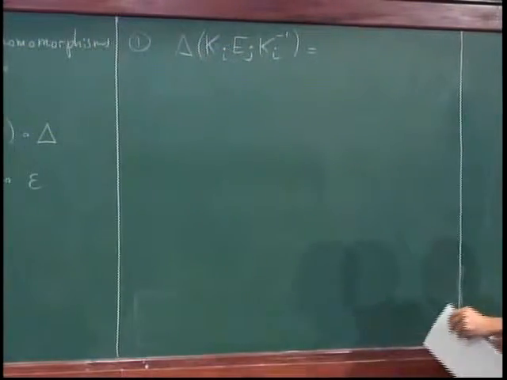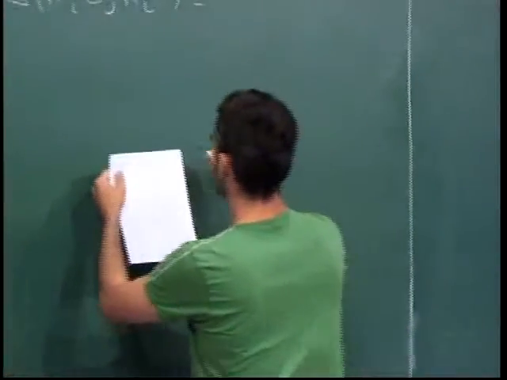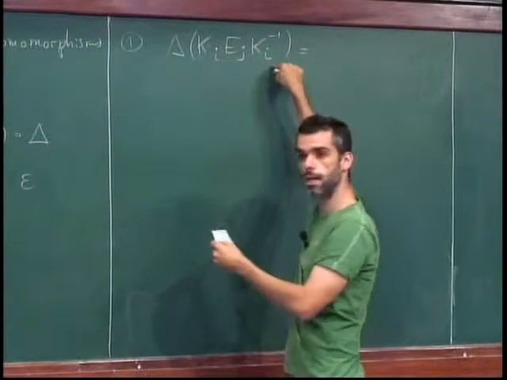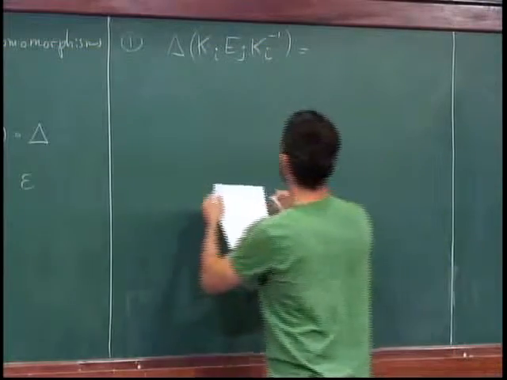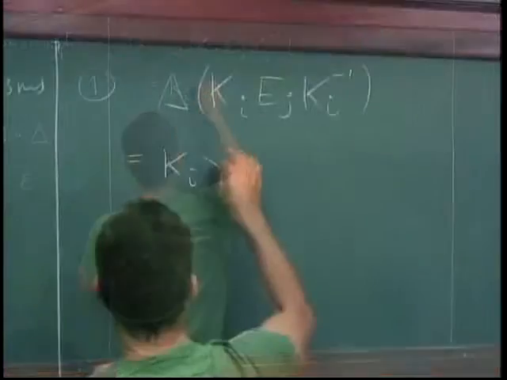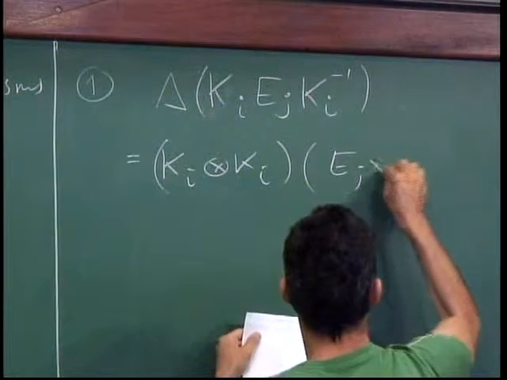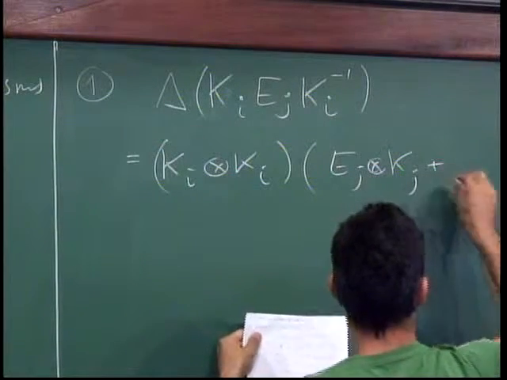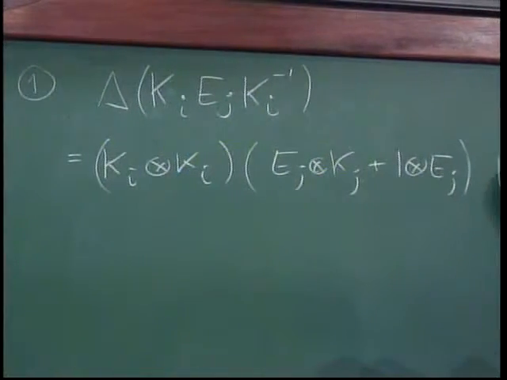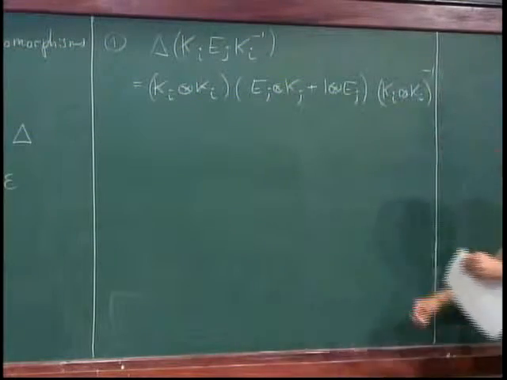Delta is by definition an algebra homomorphism, and therefore that is the same as delta of K_i times delta of E_j times delta of K_i inverse. So that's K_i tensor K_i, all that times E_j tensor K_j plus 1 tensor E_j, all that times K_i tensor K_i inverse.